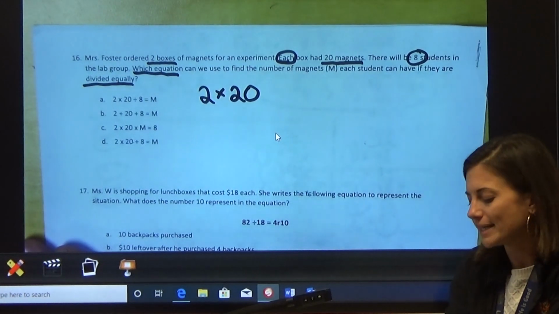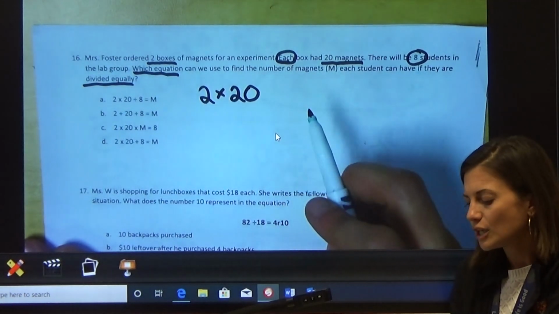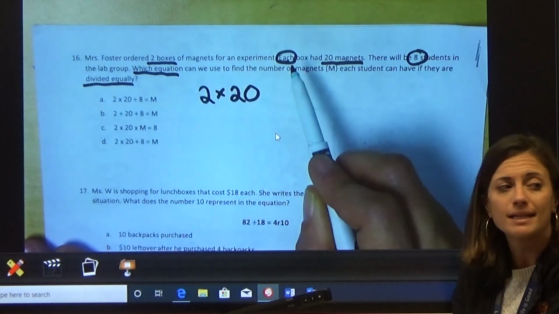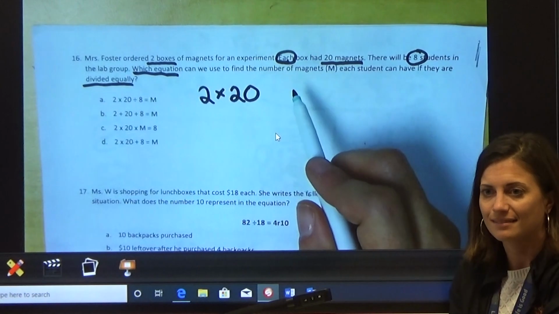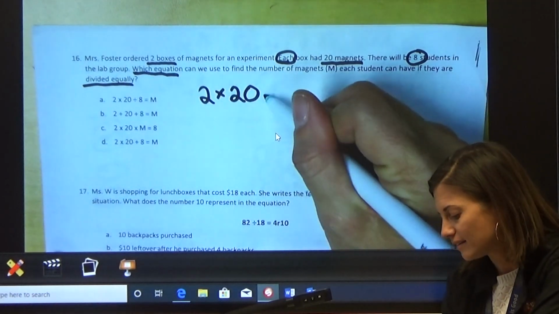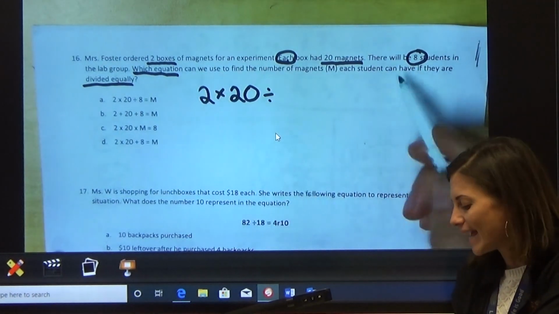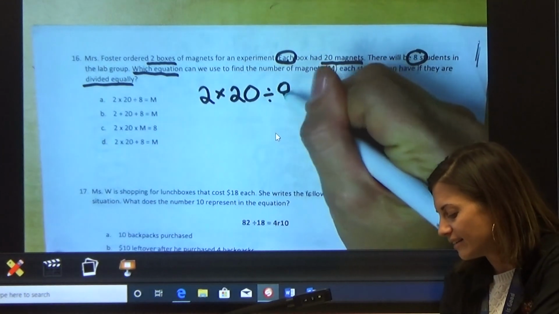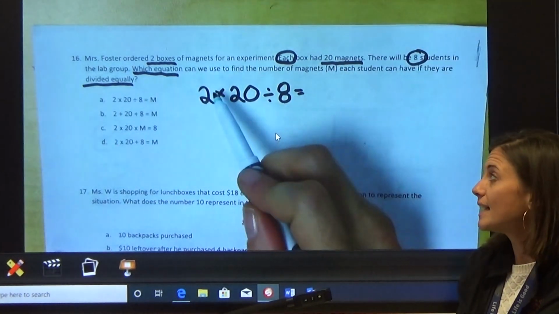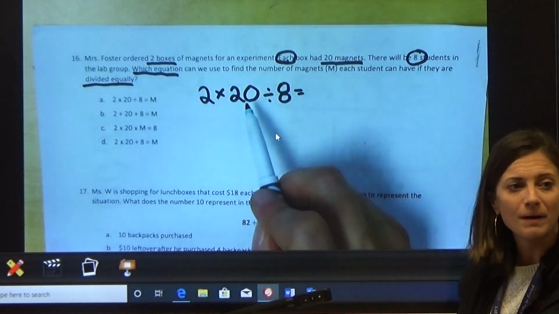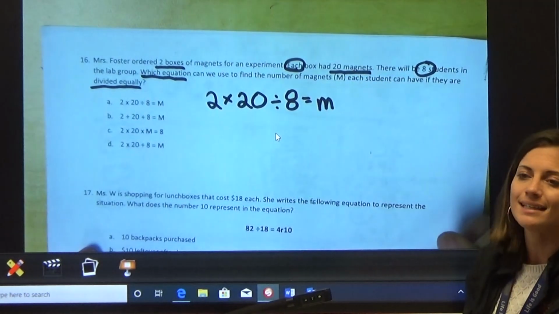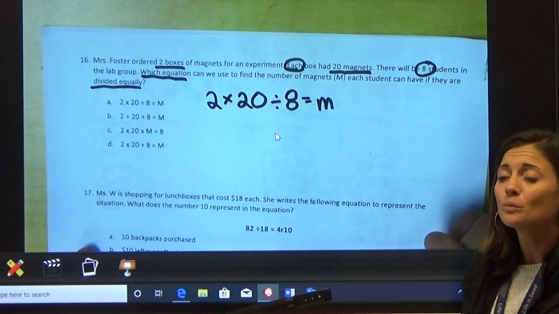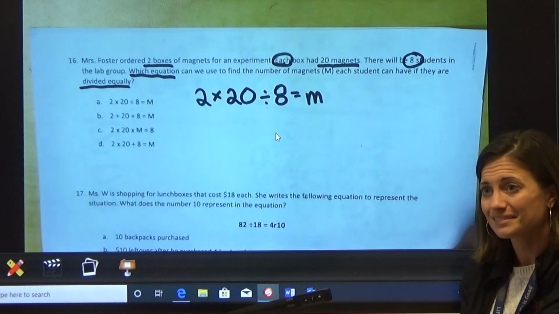I want to figure out what my next step in the equation would be. 2 times 20 is going to tell me how many magnets I have. But then what do I do with that group of magnets? Divide it by what? By the 8 students. Good. So if I do 2 times 20 and then divide it by 8, that's going to tell me how many magnets each student gets. So which answer choice is correct?